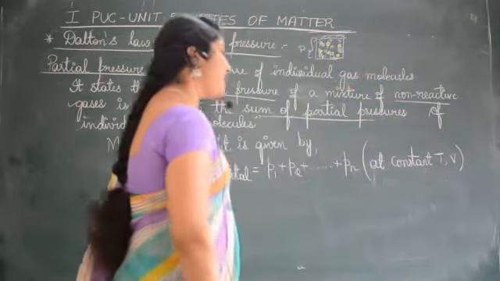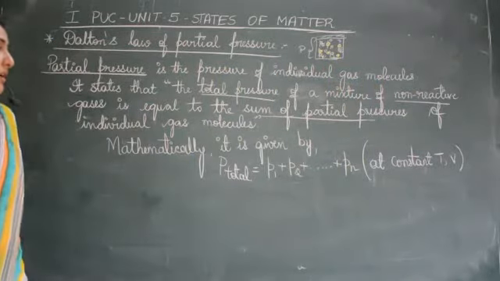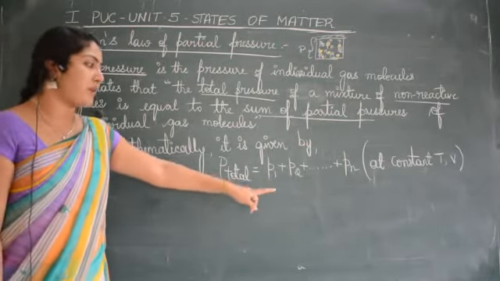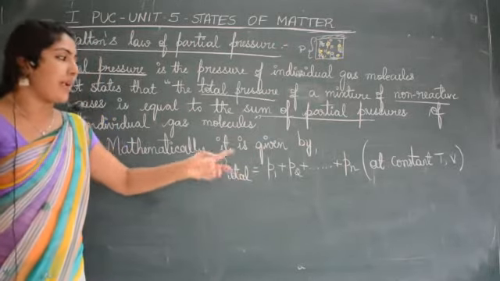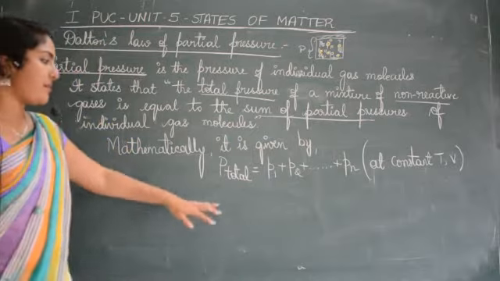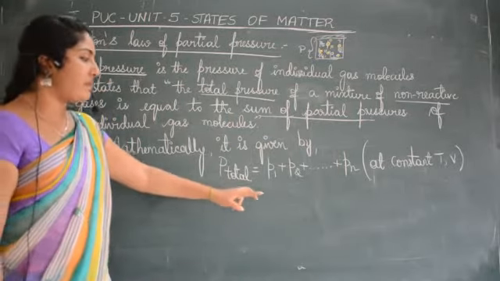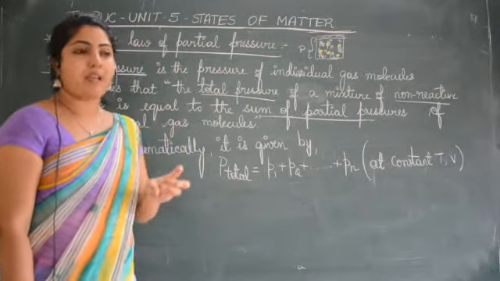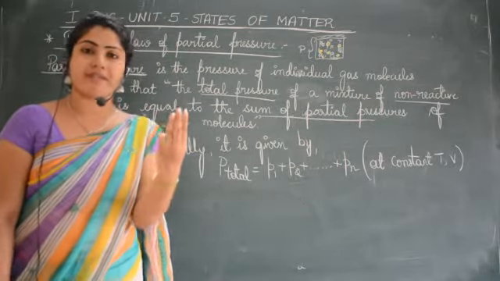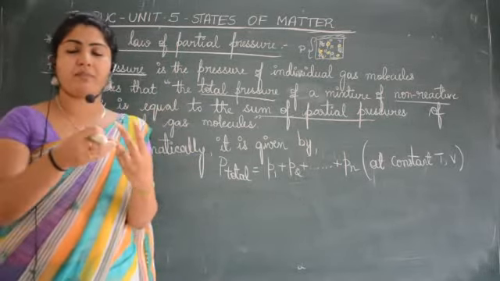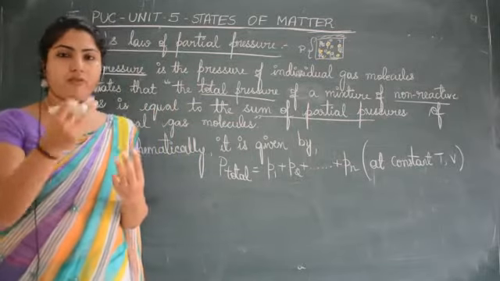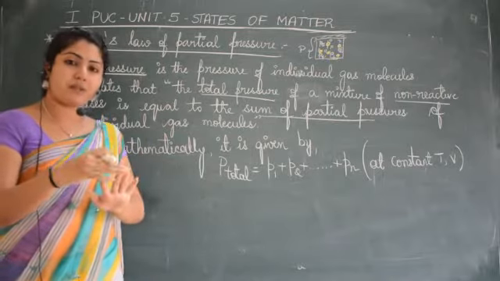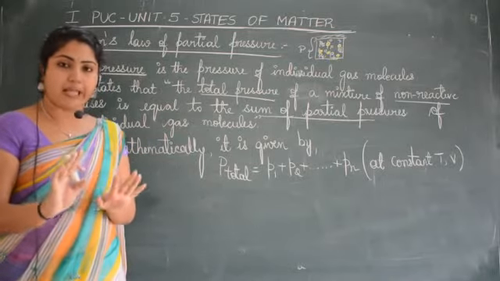At constant temperature and volume, P total is equal to P1 plus P2 plus so on, where total pressure can be calculated by considering the partial pressures of individual gas molecules. If there are only 3 molecules, then P1 plus P2 plus P3 will give you the total pressure. If there are only 5, P1 plus P2 plus P3 plus P4 plus P5, like that.